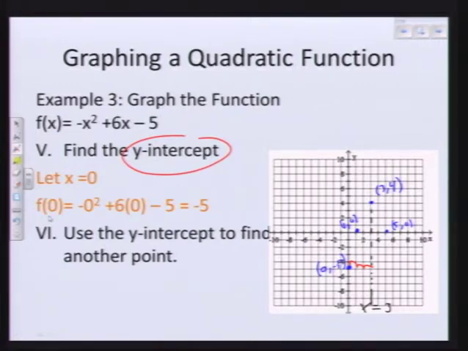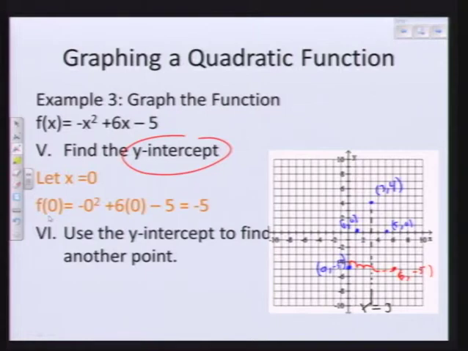And so we're going to go over 1, 2, 3 units to the right of our axis of symmetry now. And so we'll see here that we have the point 6, -5.